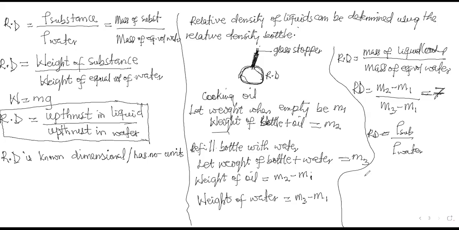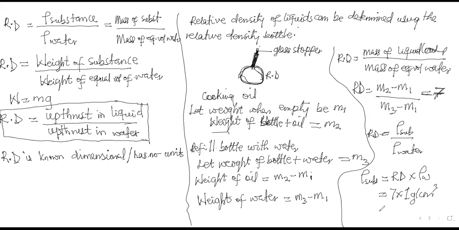Therefore, making density of the substance the subject, this is equal to RD times rho of water. The RD of the substance is 7, and the density of water is 1 gram per cm cube.